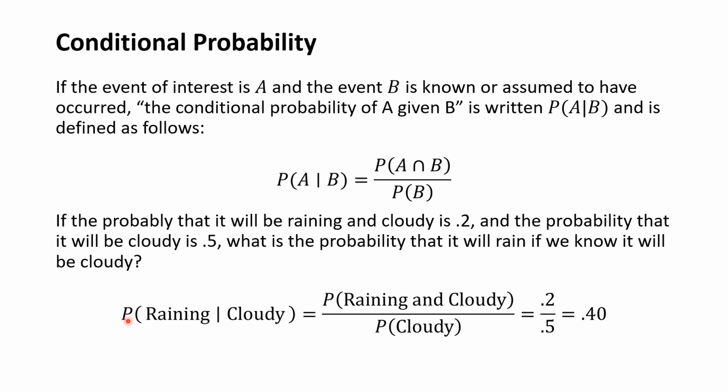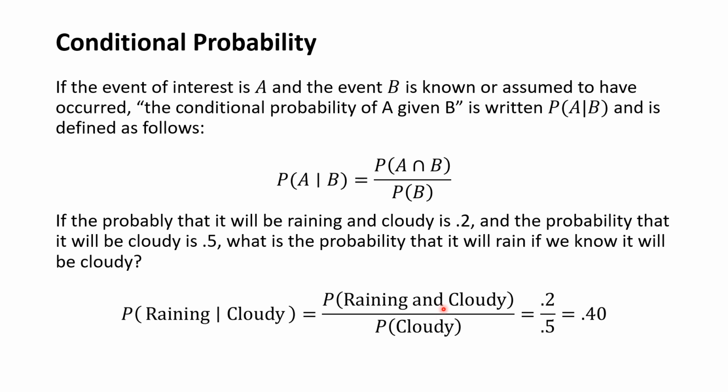So we're being asked the probability it's raining, given that it's cloudy, and then we just use our formula here. The probability that it's raining and cloudy, divided by the probability it's cloudy, that would be our B here.